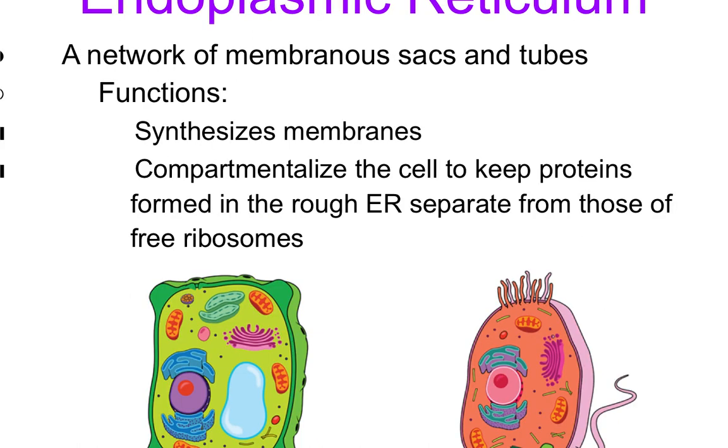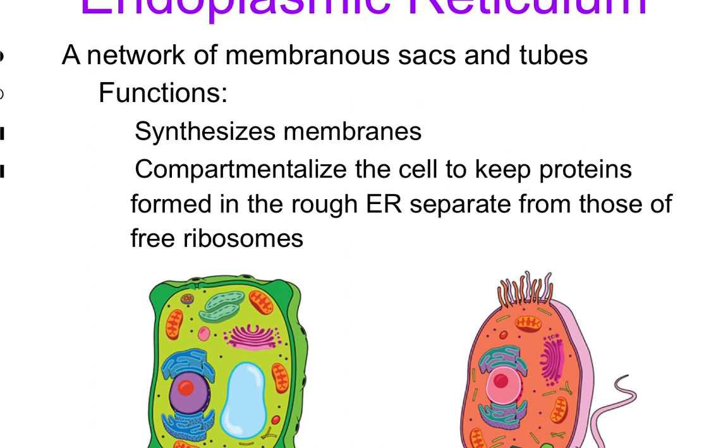Speaking of that transport system, it's also part of the endoplasmic reticulum, and that's just a network of membrane sacs and tubes throughout the entire internal part of the cell. It basically functions to not only synthesize membranes, but it compartmentalizes the cell to keep proteins formed in the rough ER separated from those that are free ribosomes. It does have a sorting feature with it.